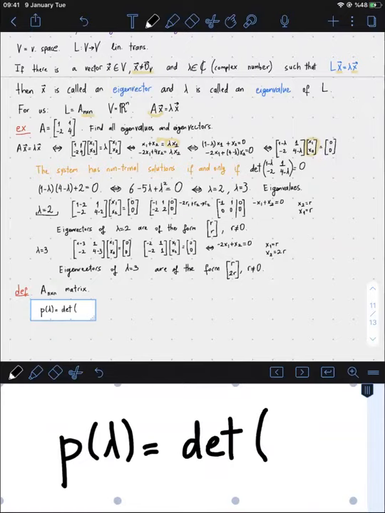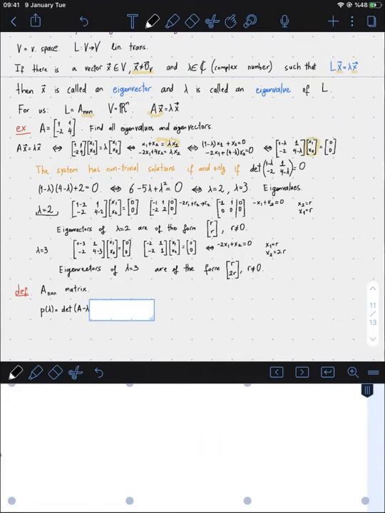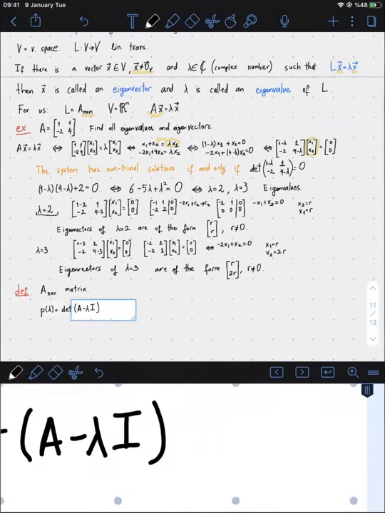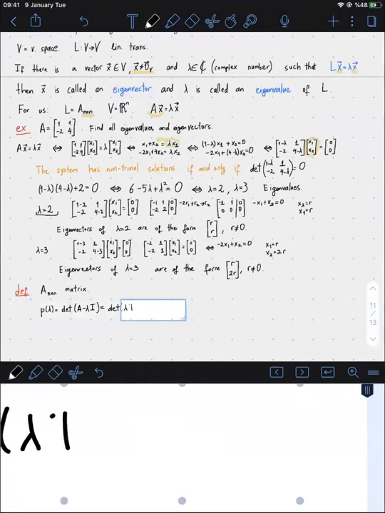A minus lambda I. Or it's the same thing as saying the determinant of lambda I minus A. Sometimes it's defined this way, sometimes the other way.